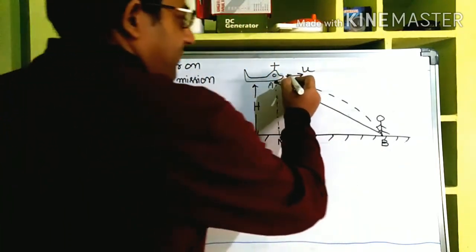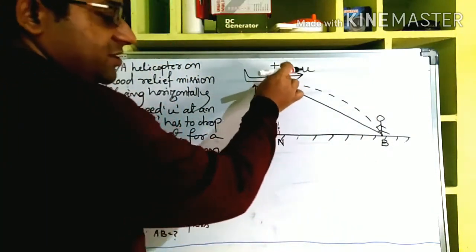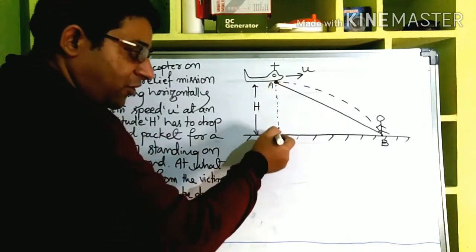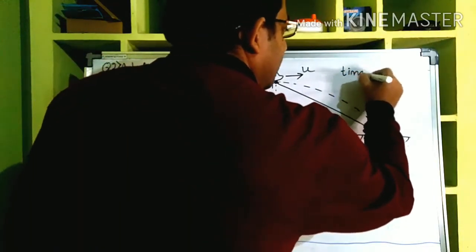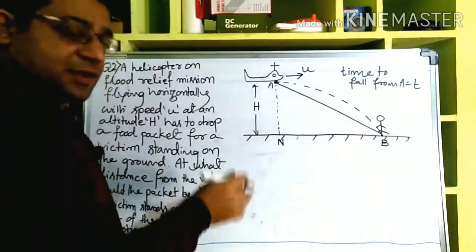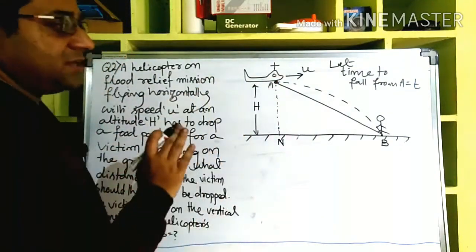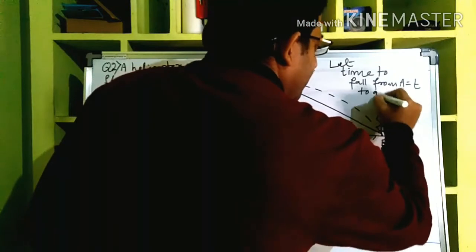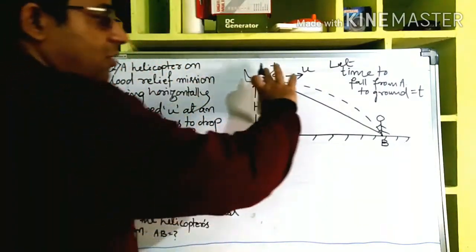Now see, if something is dropped from the helicopter to fall through height capital H, let the time to fall from A to the ground be equal to T. Then considering only the vertical motion, how much time will be required?